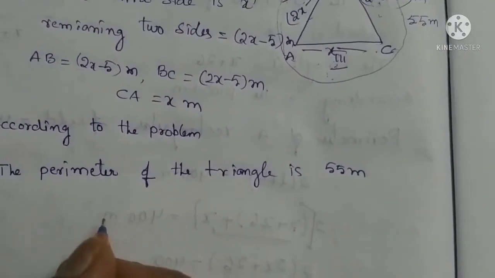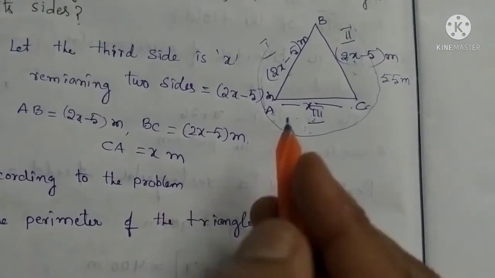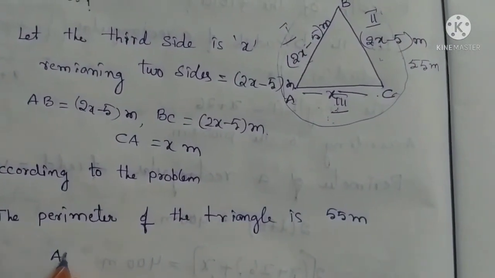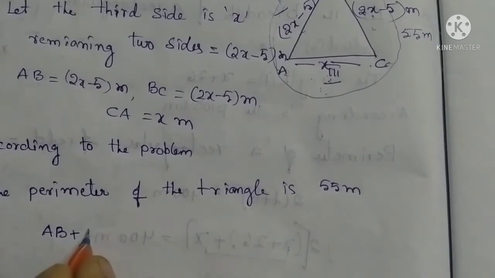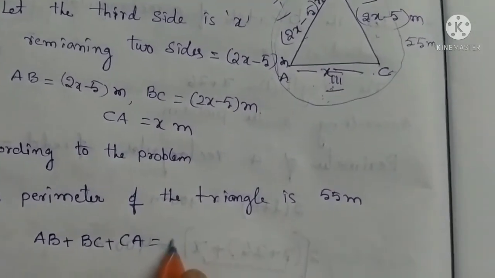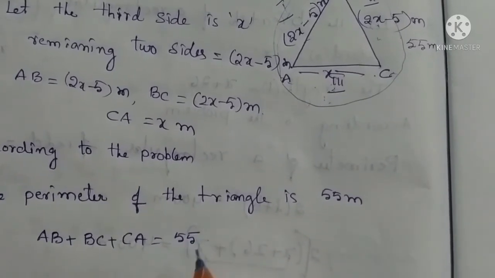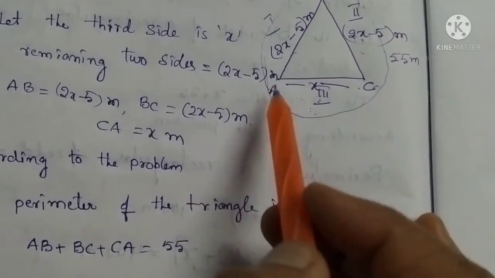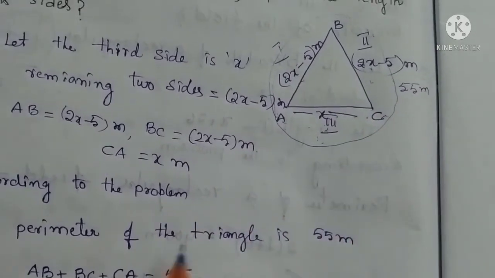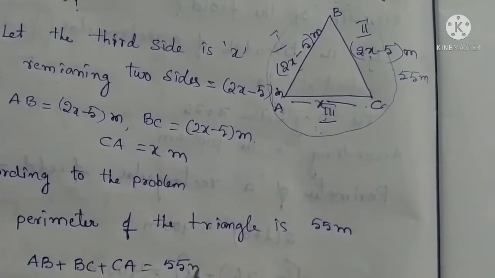We know what the perimeter of a triangle is: the adding of the three sides. So AB plus BC plus CA equal to 55 meters.